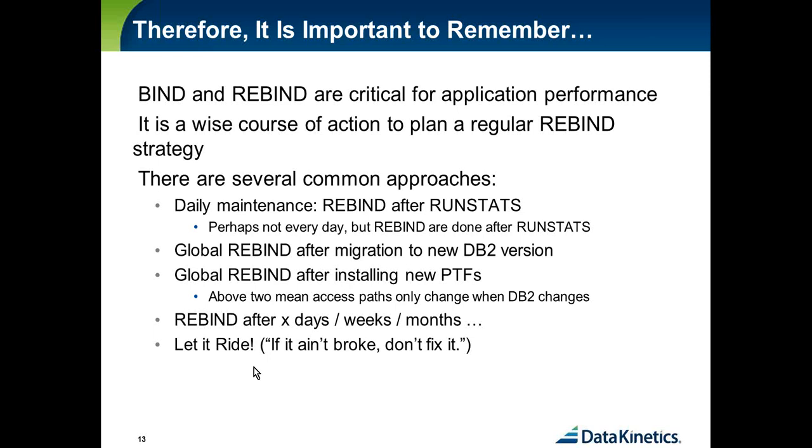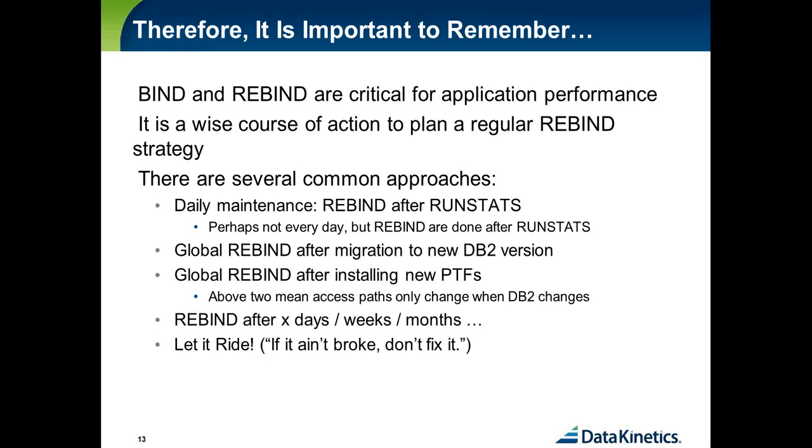Now, why would someone do that? Well, when you rebind, it is possible to get a rogue access path, where a rogue access path is saying what used to work efficiently no longer does. The optimizer was a little less than optimal in terms of the new access path that it came up with. So things perform worse.